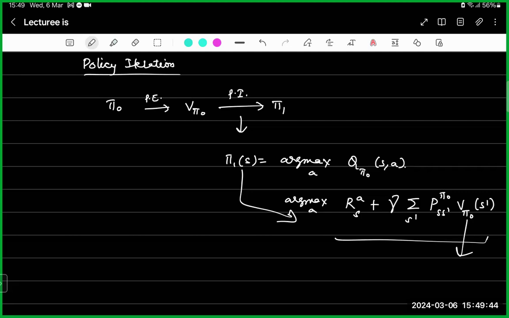We'll use TD lambda or TD or MC. So what is the issue still left in policy improvement? To implement this, we need this, right? Which we do not know. If we know these things, then we know how to improve the policy from V pi naught. If we do not know these things, we don't know how to improve, right?